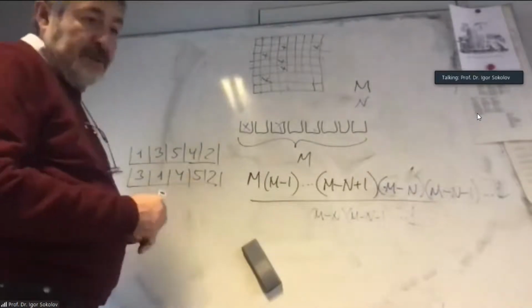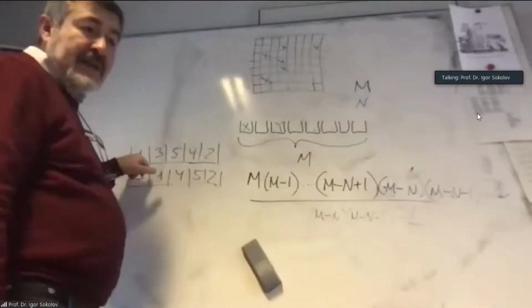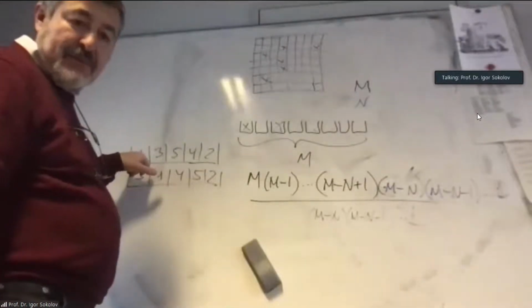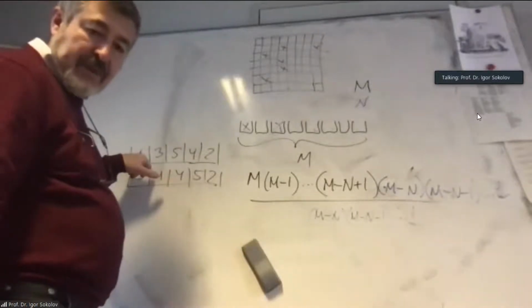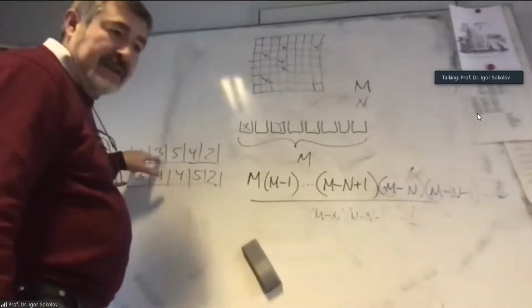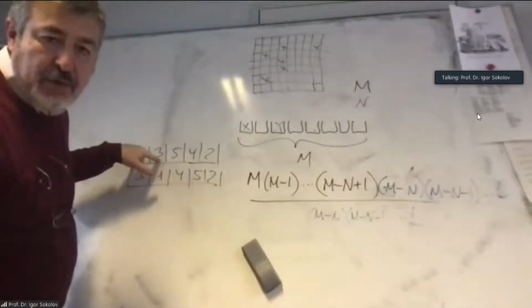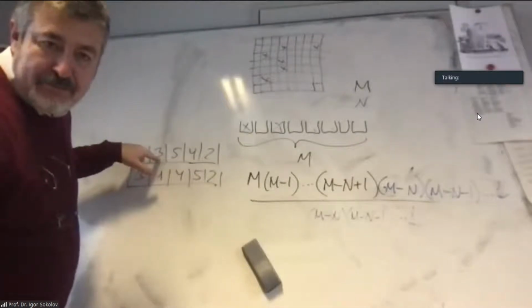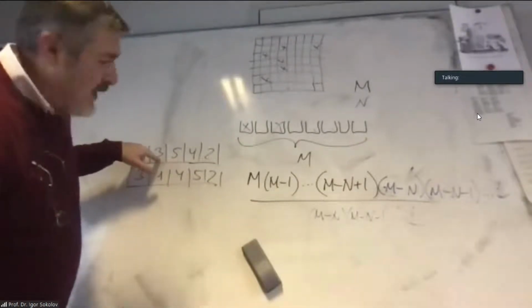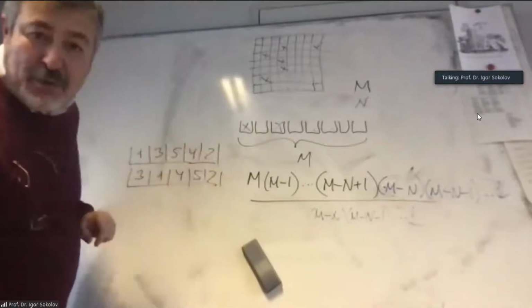It's very simple. The object which was first can be renumbered by N numbers. So it's N. The object which was second can be renumbered by N minus 1 numbers, because 1 is already occupied by the first object. And the last one cannot be renumbered because the rest is occupied.